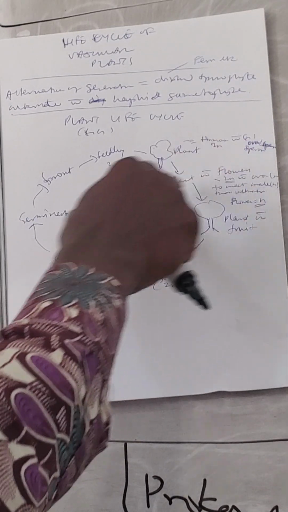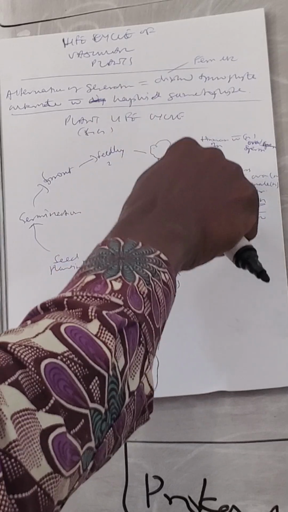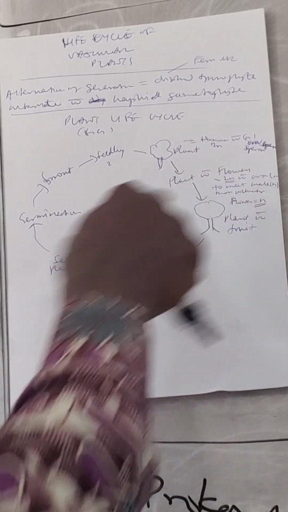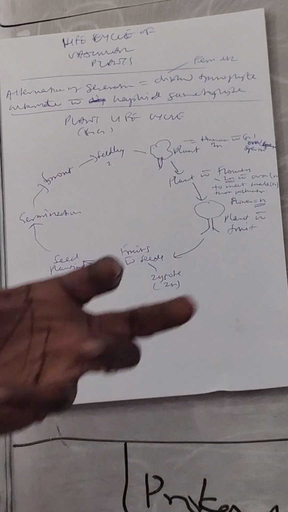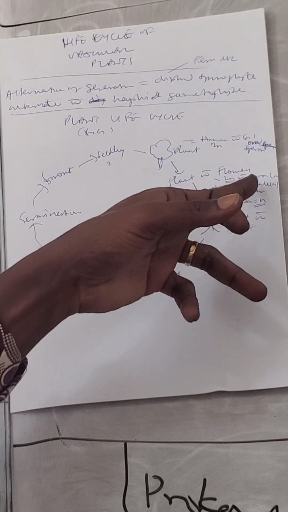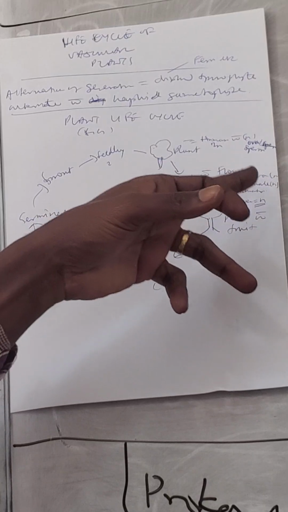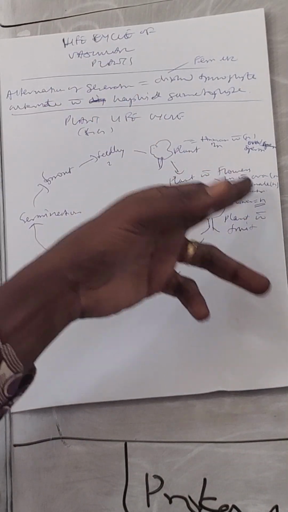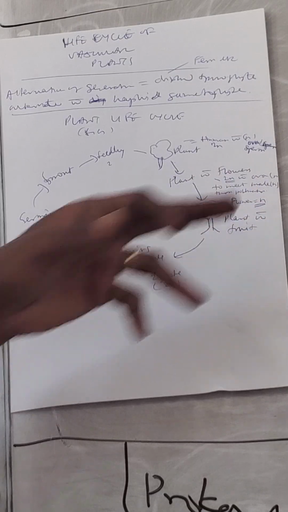These sex organs will contain the ova or the eggs. The eggs will be formed from cells. The cells will be split into two, so they will become n. The eggs, or the ovule in the flower, is n, okay.